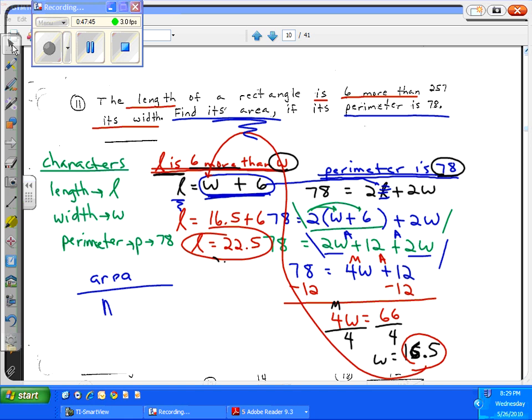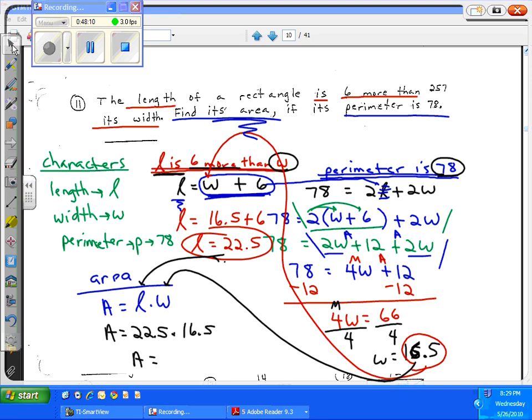The formula for area of a rectangle is length times width, or base times height. We found the length and width, so we can plug them in. So area equals length 22.5 times width 16.5.